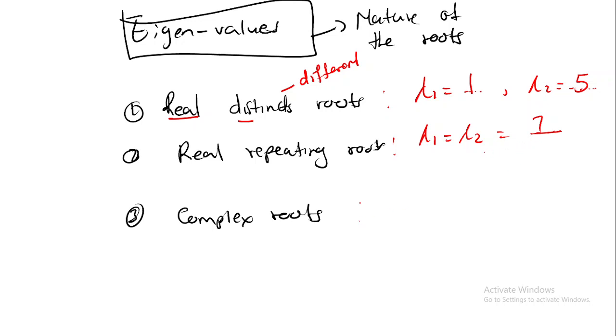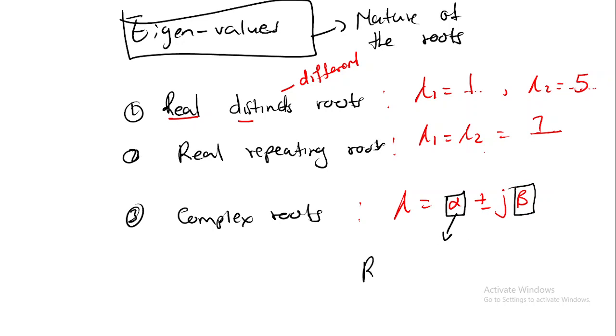So what do we mean by complex roots? Let's move to the last one, where the nature of our roots is complex. Complex roots are denoted by lambda equals alpha plus or minus j beta. One might ask, what is this alpha and what is this beta?